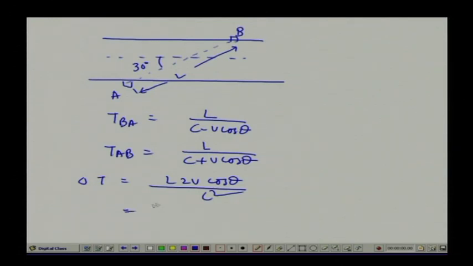So, this we can write as 2 V cos theta by C into L by C. So, L by C is the zero flow transit time, that means when there is no flow, transit time equals T naught.